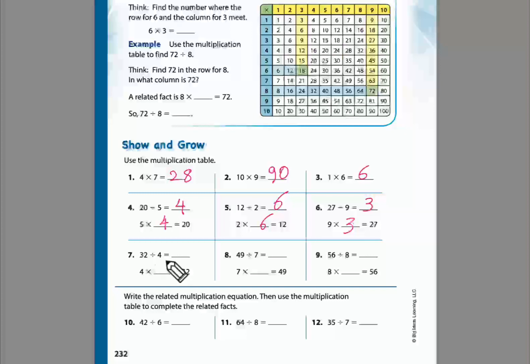Okay, 32 divided by 4. So we go to the row 4, this row. And we need to find what? Yes, we need to find 32. And now, we need to see in which column is 32.